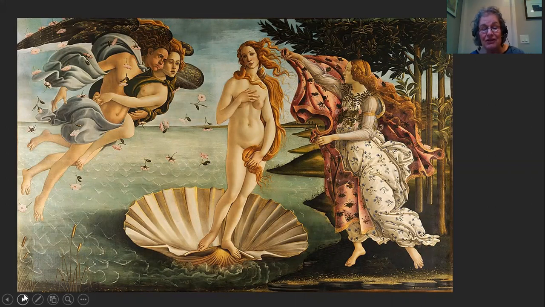Now, the painting was a commission from Lorenzo de Medici. The de Medicis were the rulers of Florence, and they were great art patrons as well. They owned a statue of Venus that was in the same pose that you see here, and certainly Botticelli saw that before he began to paint his picture.